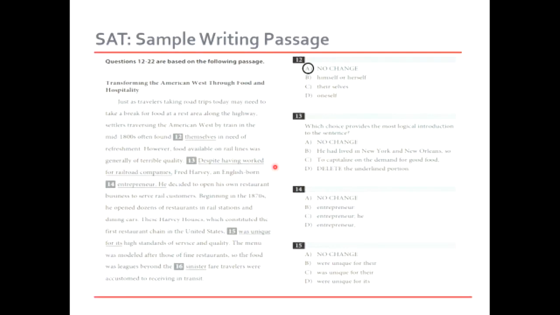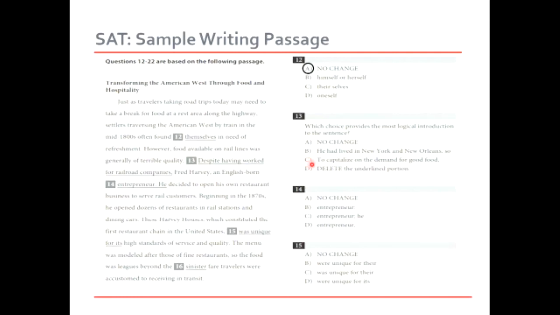So we need to introduce him using a sentence that gives us some understanding of why Fred Harvey is being introduced over here, and how the transition from one sentence to another is smooth enough so that we know how and why Fred Harvey is related to the passage theme.